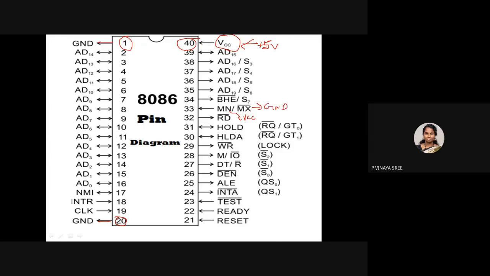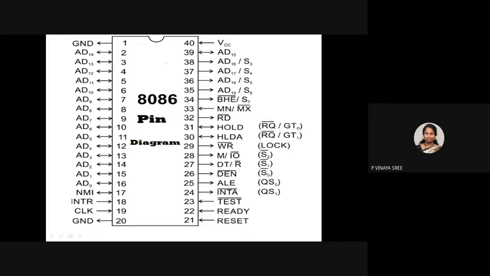Based on which it is connected to, it acts as either minimum mode or maximum mode. If this pin is connected to ground, it is 0 and the circuit works as maximum mode, and if connected to VCC, it works as minimum mode.